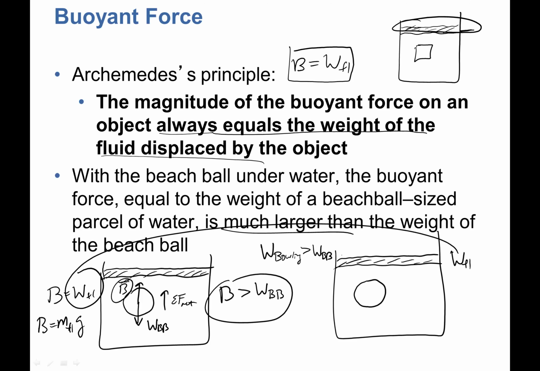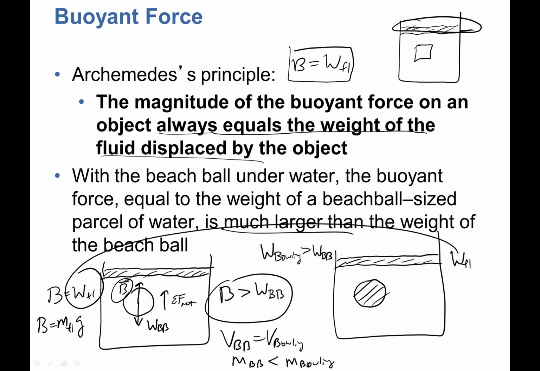How can the amount of water displaced be the same for the bowling ball and the beach ball? Remember, we're assuming their size is exactly the same. That means the volume of the beach ball is equal to the volume of the bowling ball. But obviously the mass of the beach ball is much smaller than the mass of the bowling ball.